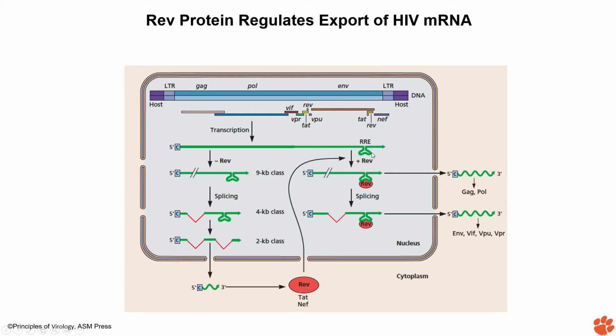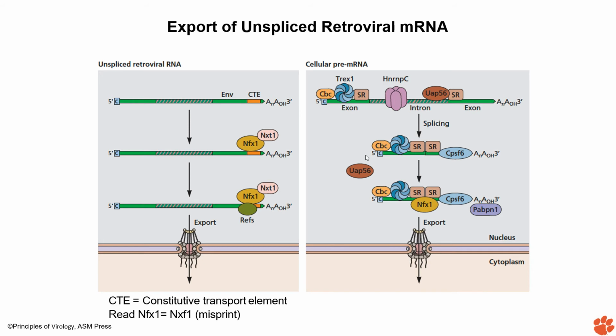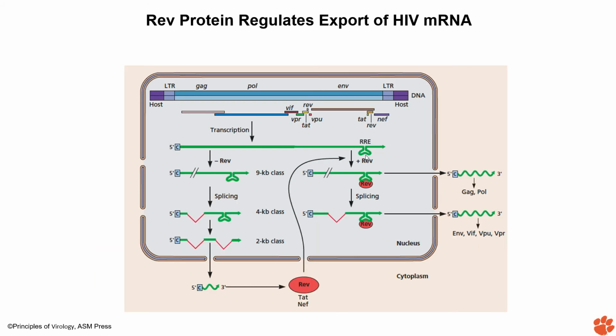There is a secondary structure near the 3' end, which is called an RRE, or the Rev response element. In the previous one, you had a constitutive transport element, which binds to cellular export protein. Here you have a Rev response element. Rev binds to this and can transport the full length or partially spliced RNA.